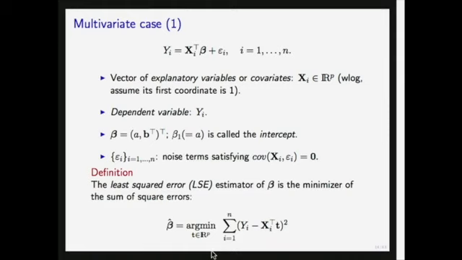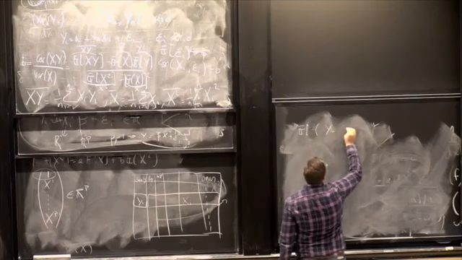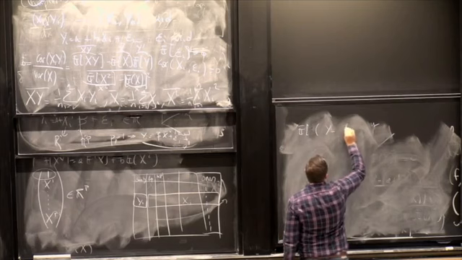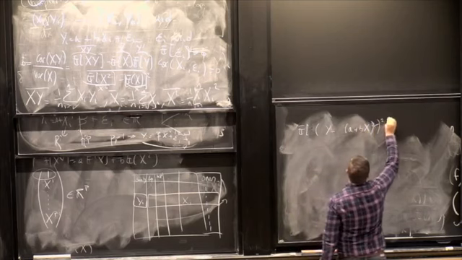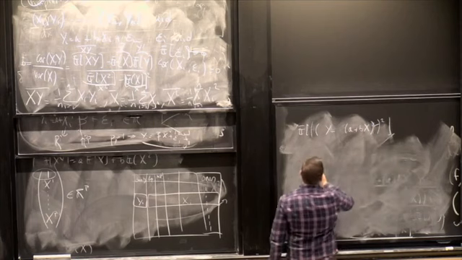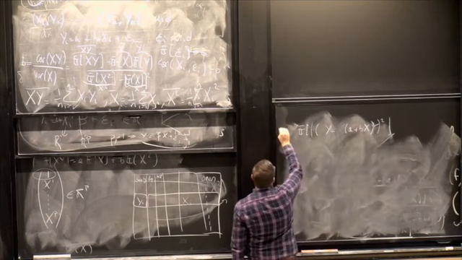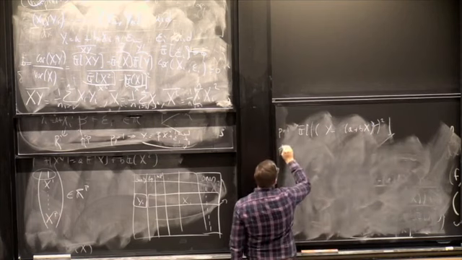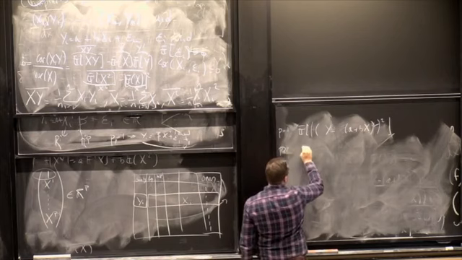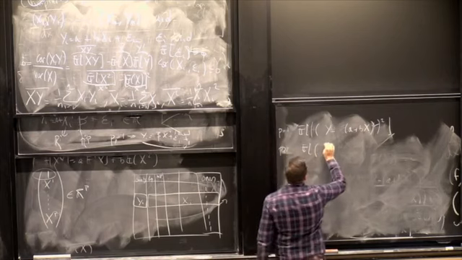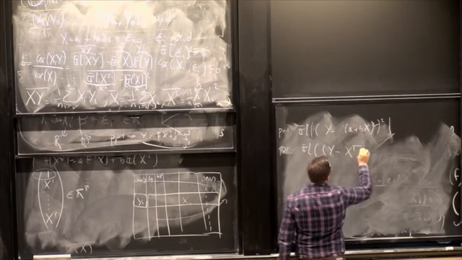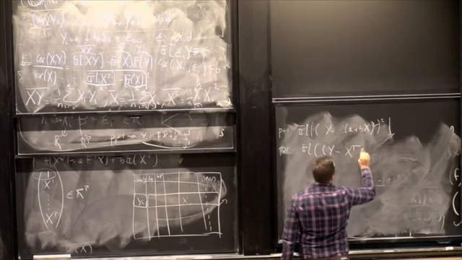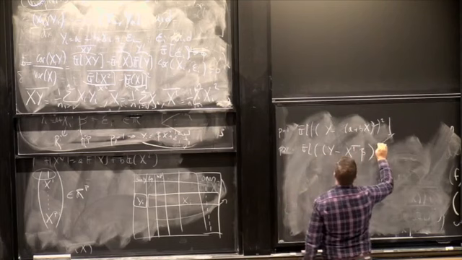We said we wanted to minimize the expectation of (y minus (a plus bx)) squared. That's for p equal to 1. Now for p larger than or equal to 2, we're just going to write it as (y minus x transpose beta) squared.